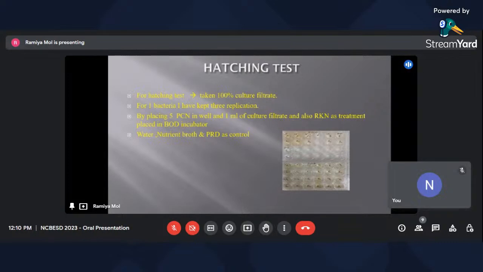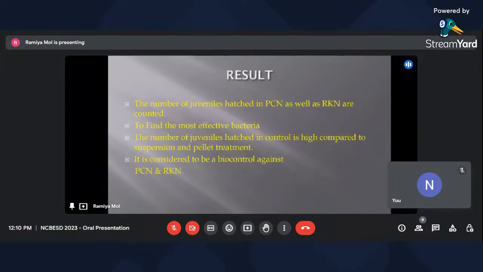For control, I have used water, nutrient broth, and PRD. As a result, the number of juveniles in PCN and RKN are counted. To find the most effective bacteria, the number of juveniles is high in control, whereas in treatments it is low. Those bacteria can be used for biocontrol against potato cyst nematodes as well as root knot nematode. Thank you.